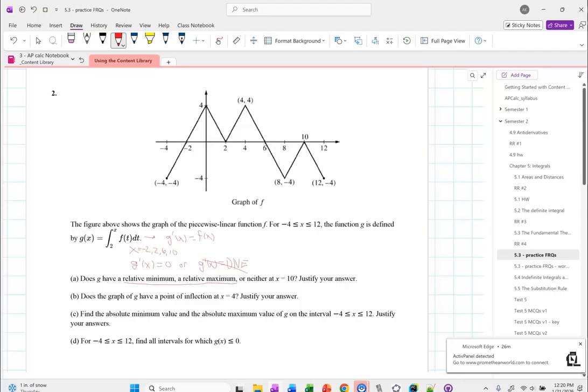We should do either a first or second derivative test. My opinion here is I would do a first derivative test. So to do that, I'm basically going to just make a sign diagram.